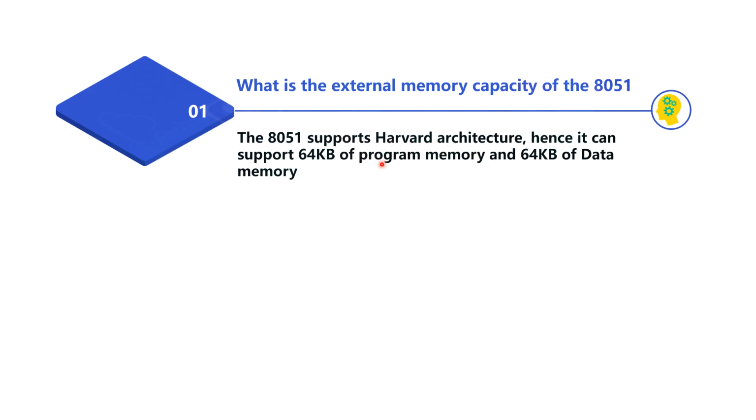Program memory is nothing but ROM, a permanent memory we can say. And 64 KB, 64 kilobytes, where K is 2 to the power 10 and B is byte, of data memory. This is for temporary purposes, RAM.